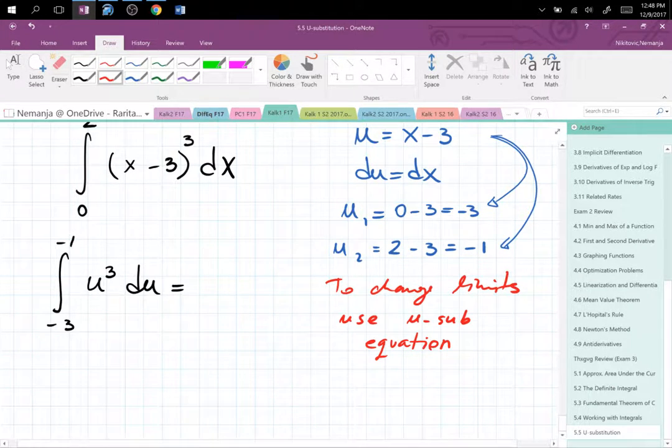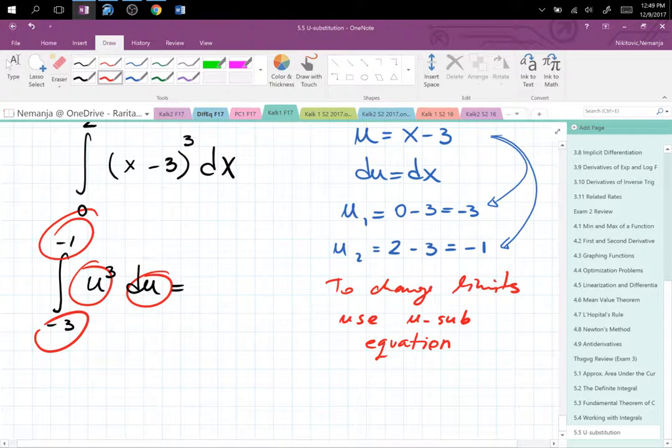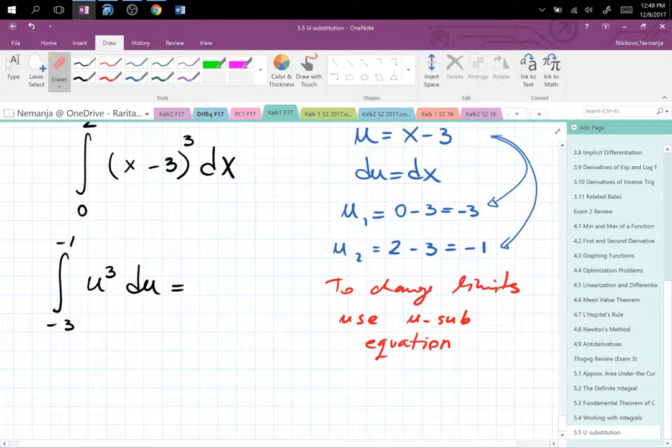So this is where I go, all u's. You cannot have an integral in terms of u and keep x limits. Don't do that.